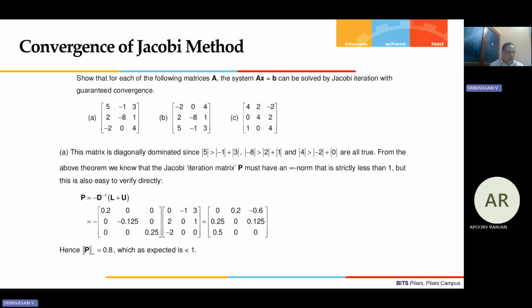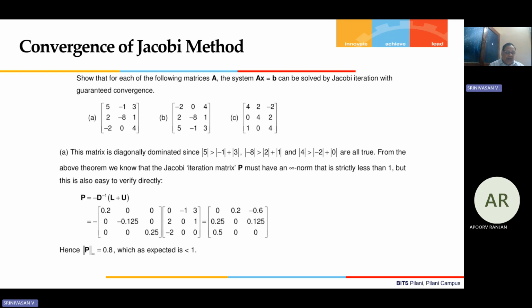What will be your L? Only below the principal diagonal you will have elements, that is 2, minus 2, 0 in your lower triangle, and the principal diagonal elements and upper triangular portion will be zeros.